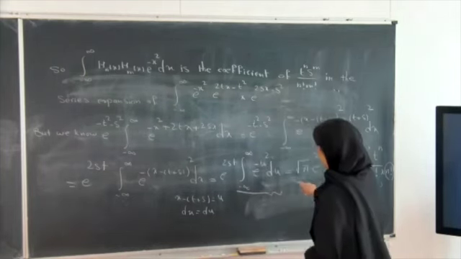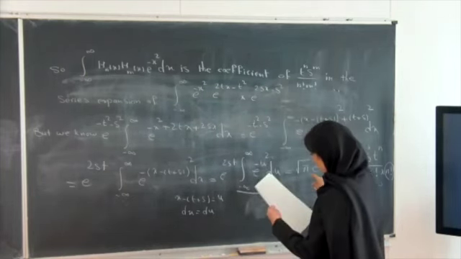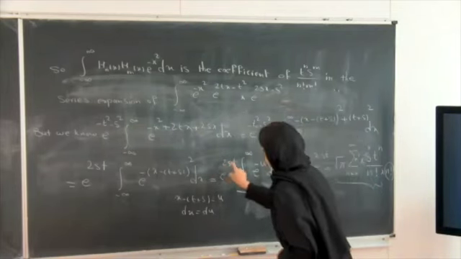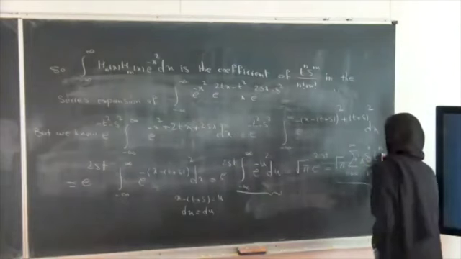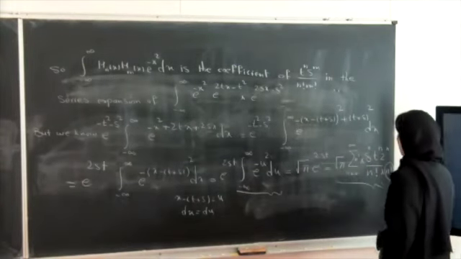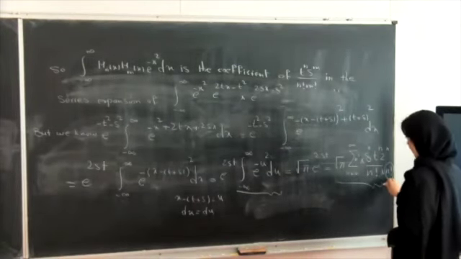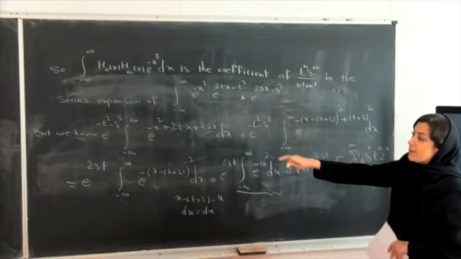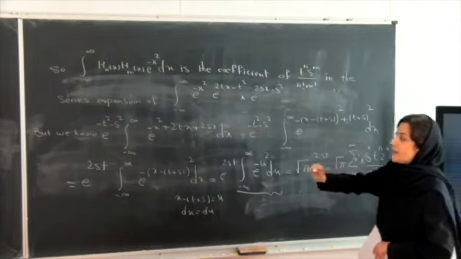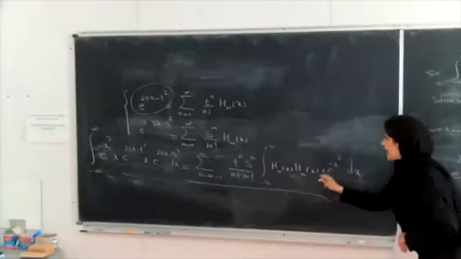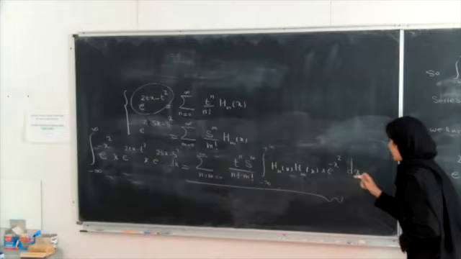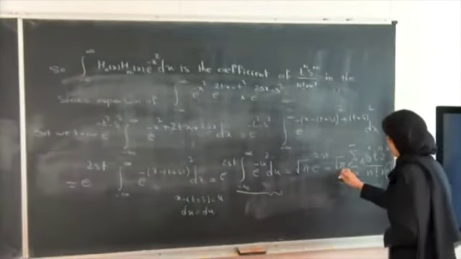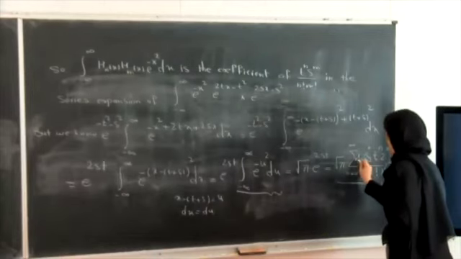Here we have e to the 2st, so here we have 2^n. So for n equals m, the integral from minus infinity to infinity of Hm times Hn times e to the minus x² is equal to the square root of pi times 2^n times n factorial.